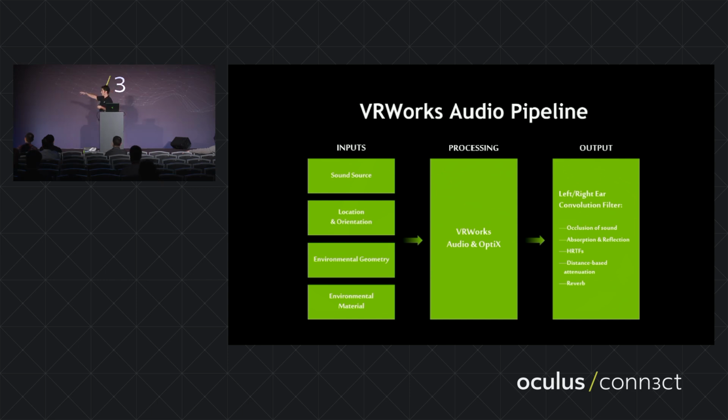Then the VRWorks Audio SDK takes over, does a bunch of processing with the OptiX ray tracing engine underneath, and then hands back to you left and right ear audio outputs that you can use and mix. It takes into account all the properties that you would expect and applies things like reverb and attenuation based on distance, and it's the final audio result that you would expect.